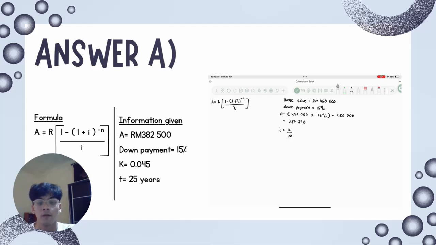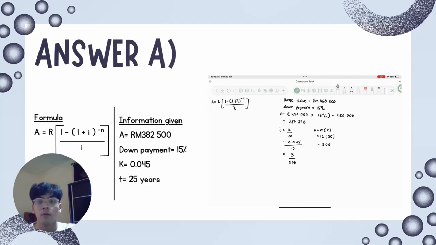Next, find the value i using k divided by m. We will get the value of i, which is 3 over 800. And lastly, we have to find the value of n, which is m multiplied by the term t. We will get n equal to 300.